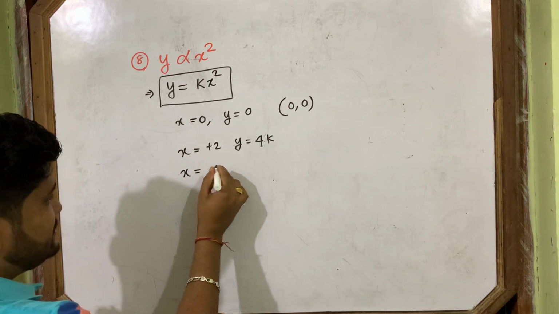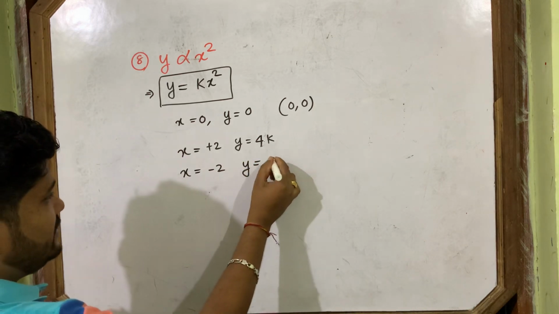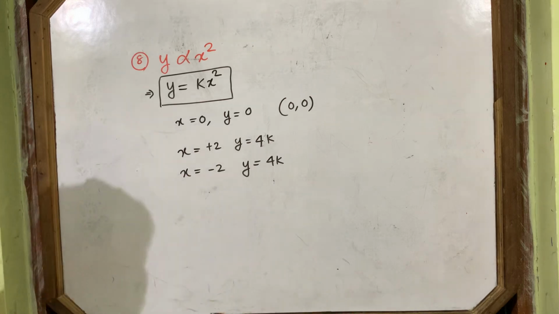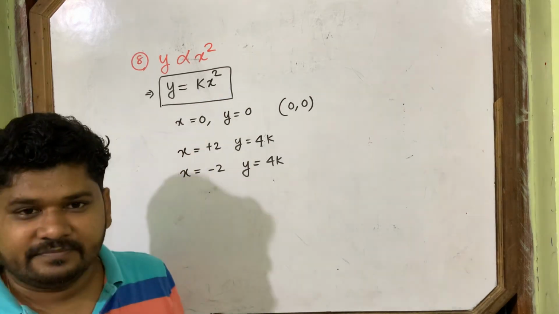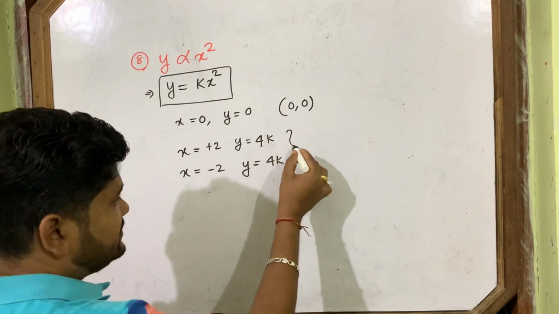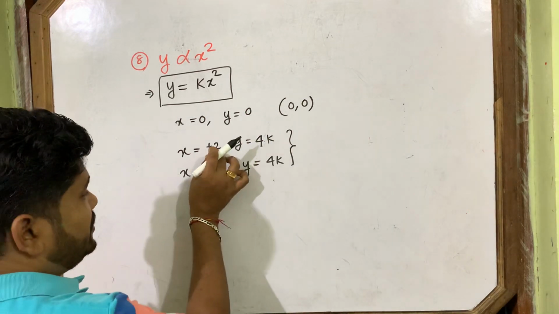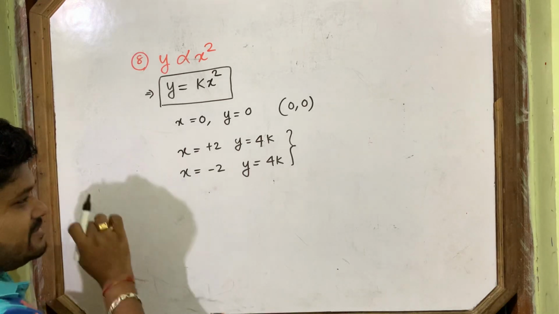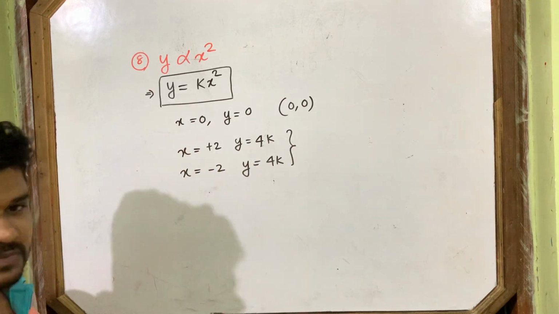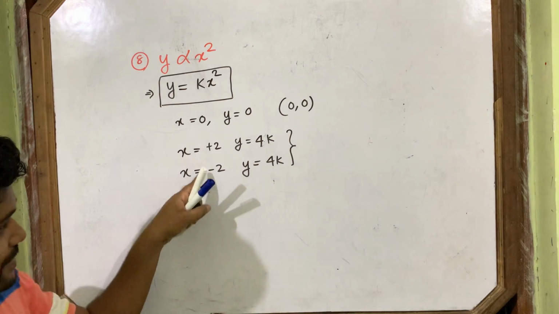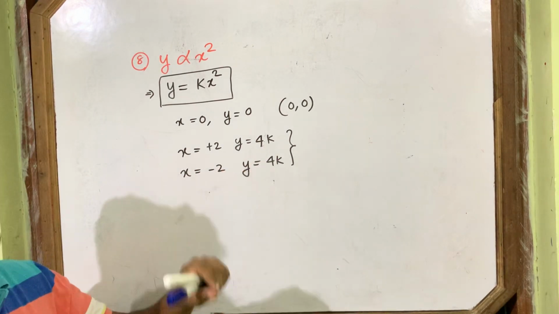If I take x is equal to minus 2, then also y is equal to 4k, because square is there. So this indicates what? For two values of x, y has the same value. Mark here.